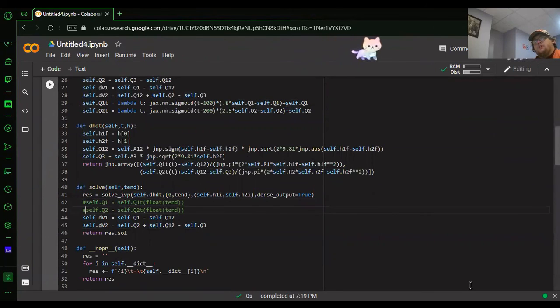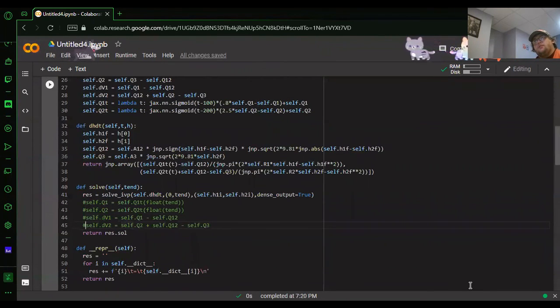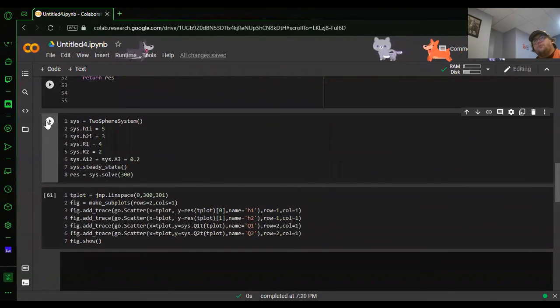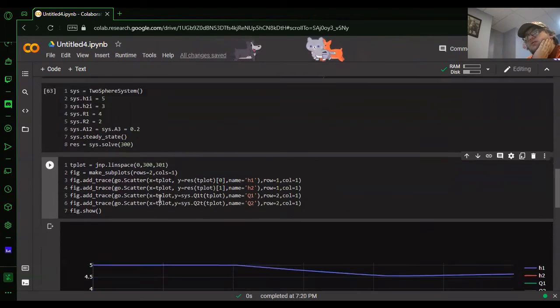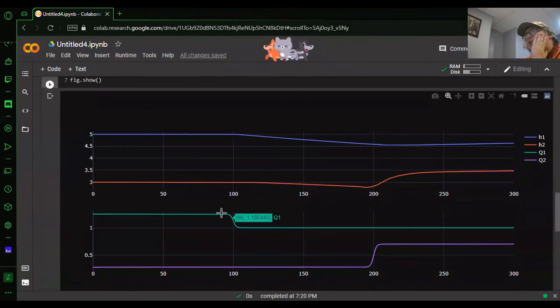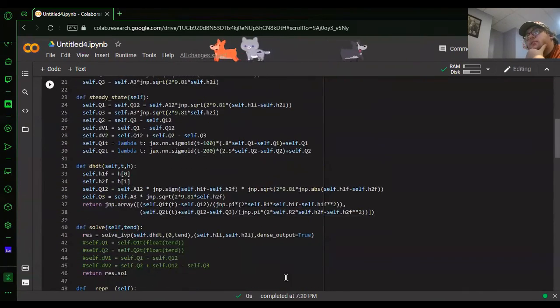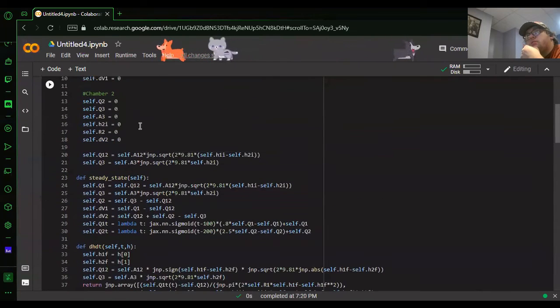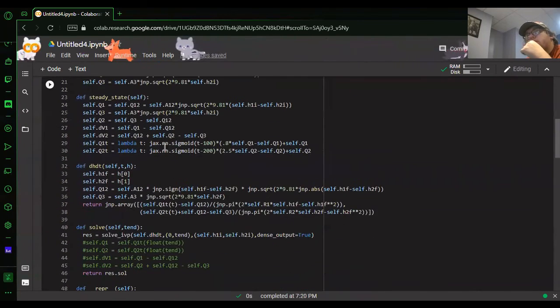Okay. Let me try commenting these two out again, and see if it's a problem with the two functions, or the two methods. Okay, so whatever's going on, it's happening in this Q1T, Q2T function right here.